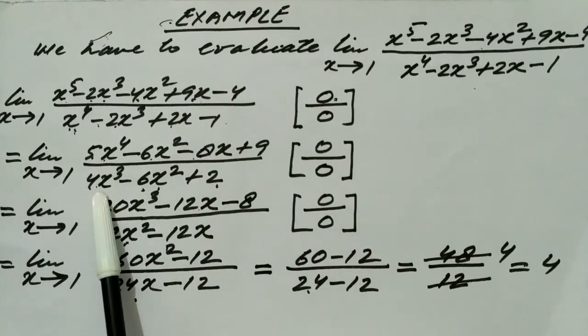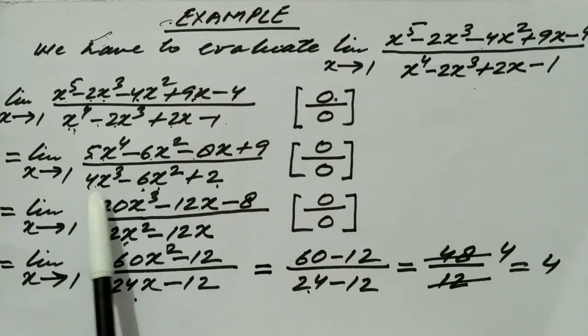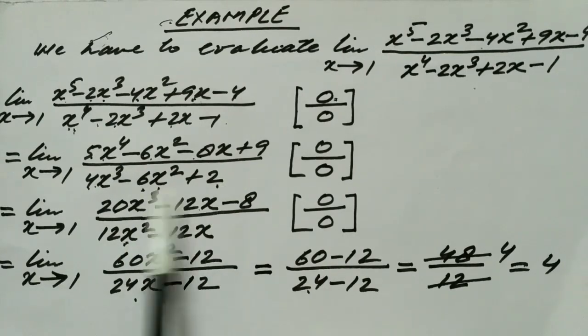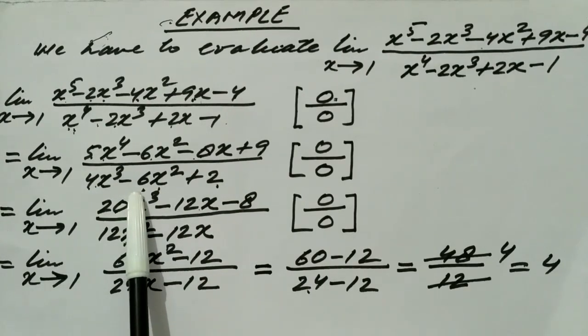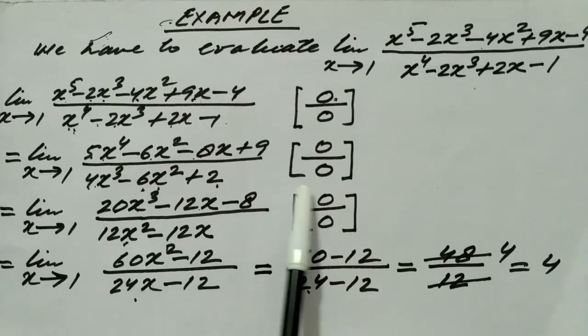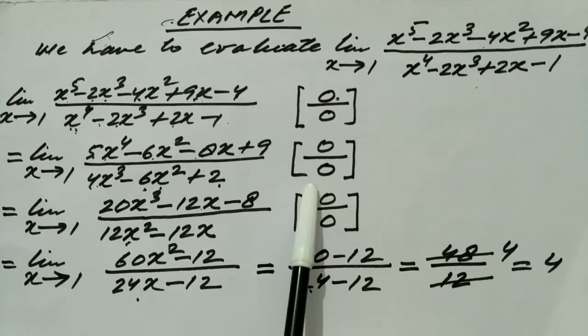In the denominator we have 4 minus 6 plus 2. So two positive numbers, 4 and 2, sum is 6, and one negative number, minus 6. So minus 6 plus 6 becomes 0, and ultimately we have the indeterminate form 0 upon 0 by direct application in this step.